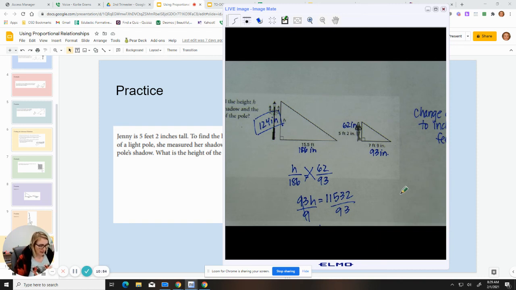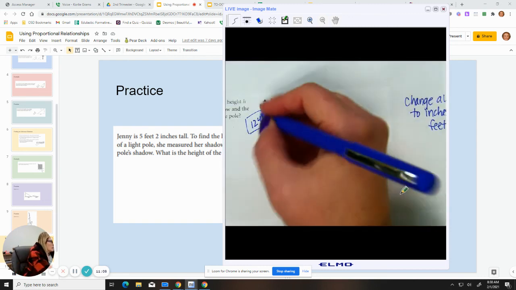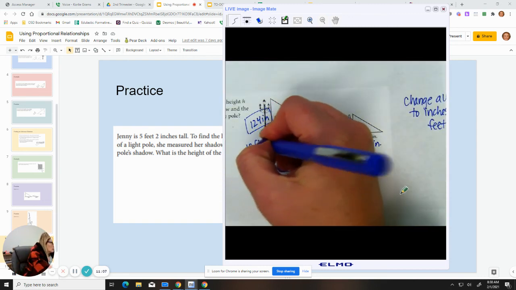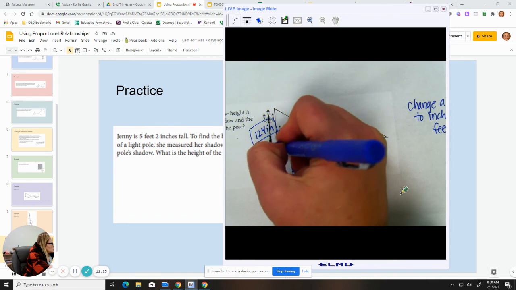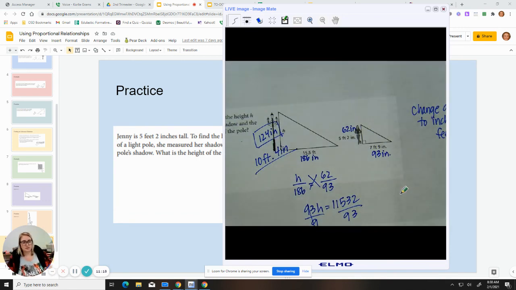Let's see what we would get. 124 divided by 12. We would get 10 feet and 4 inches. So if you wanted to do that at the end, you could, but it doesn't matter. Okay, so when you're working with 2 different measures, that's what I would recommend doing.